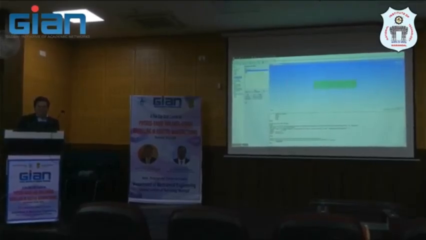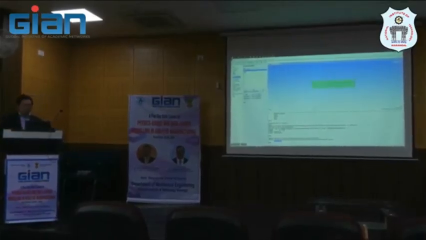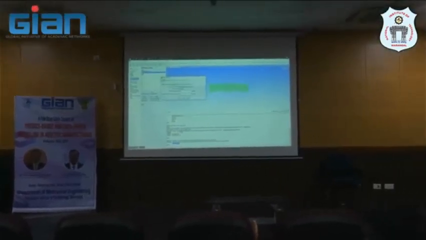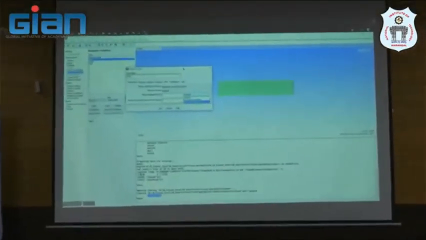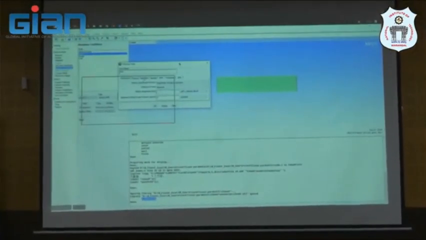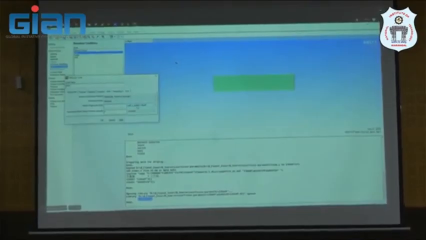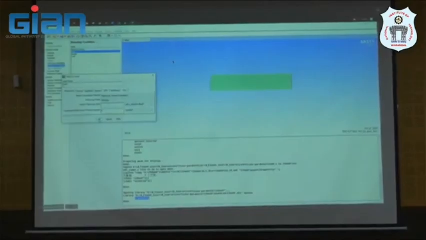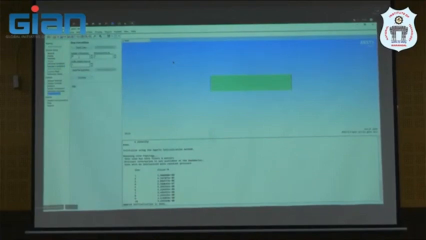We can see the x velocity is loaded in our software, and then we can see the velocity here. We can choose this one, and it means the code is linked by the software. Then we click OK, initialize, and then run.